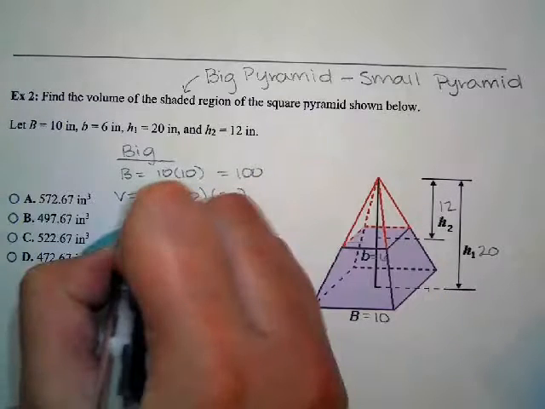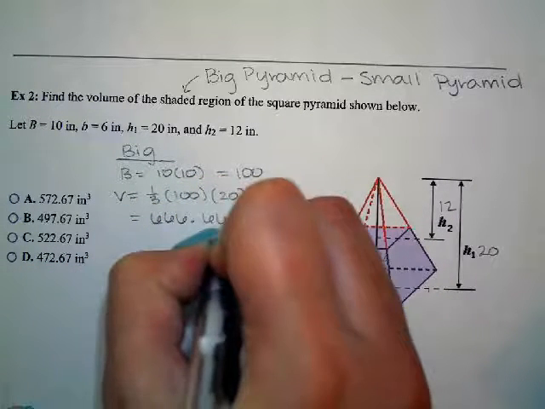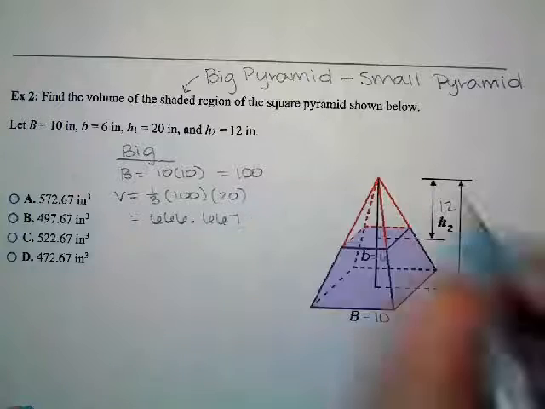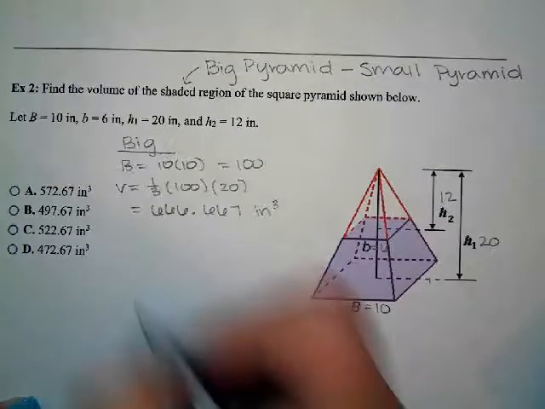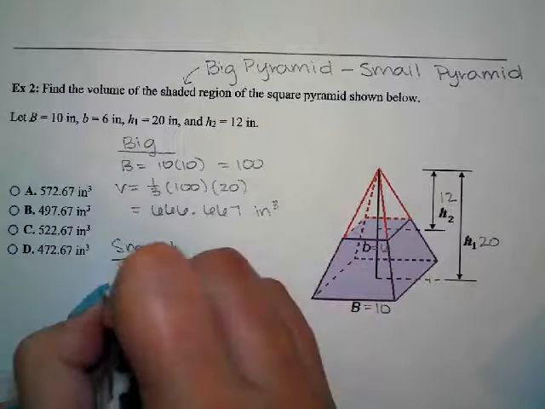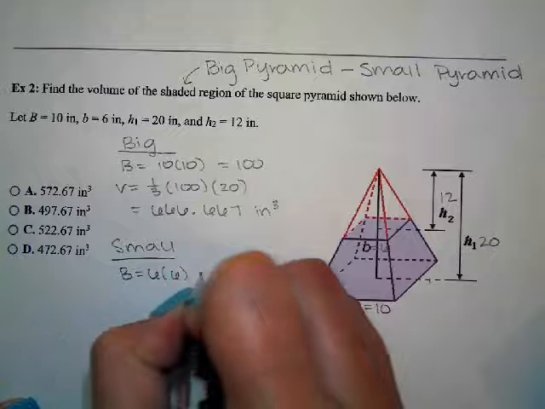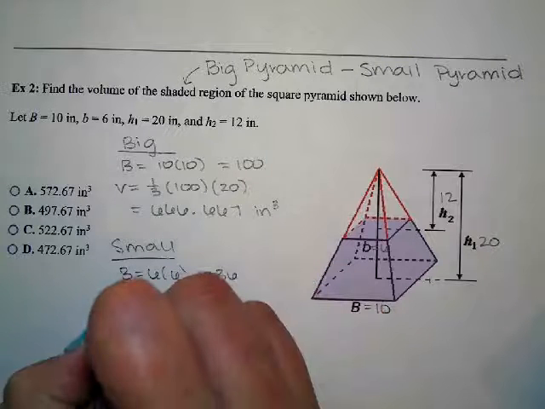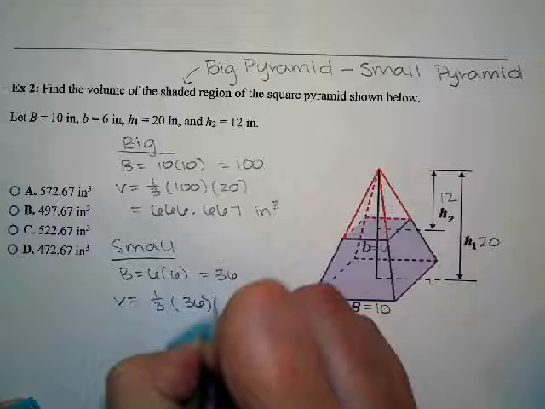If we plug that into a calculator, we get, don't worry guys, it's a good omen. And then for our small pyramid, the area of the base is 6 by 6. And the volume is going to be 1/3 times the area of the base times the height.